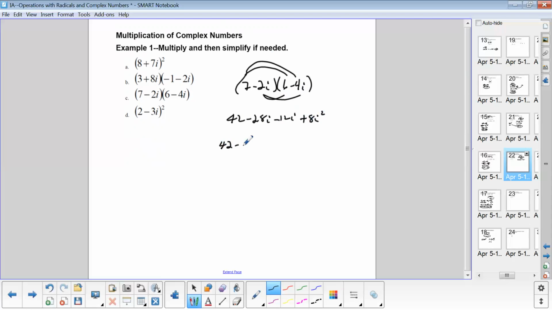So you get 42 minus 8. And then 28 and 12 should be -40i. And so 42 take away 8, and we get 34 minus 40i for part C.